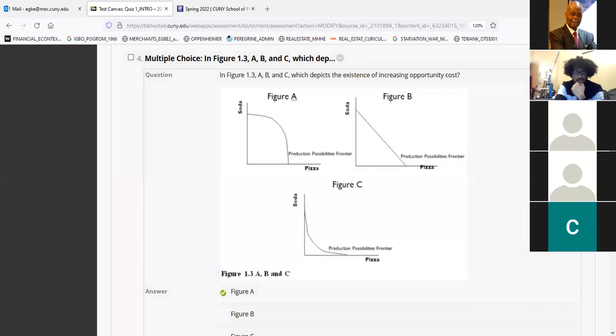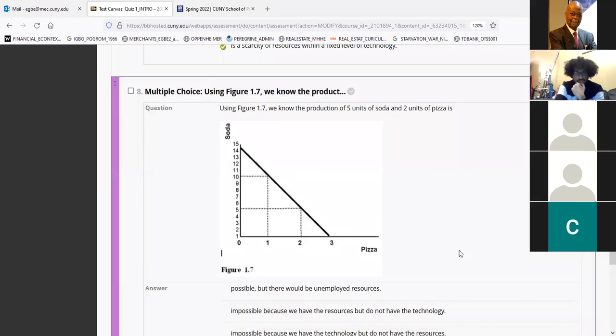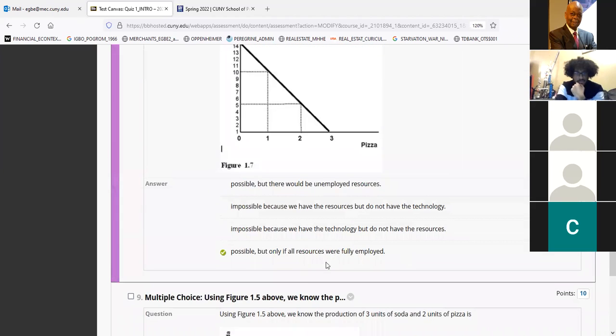What this question is saying is, what if the 5 soda and 2 pizza is outside the frontier? Is it possible? So the answer then is that 5 soda and 2 pizza is possible only if you are within your resource limits.